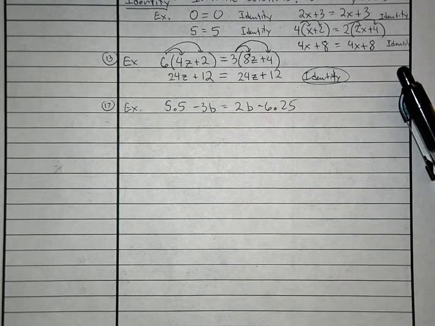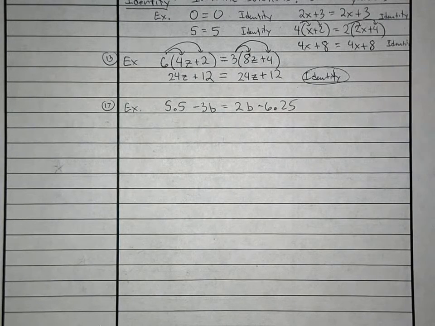Distribute. Can we distribute anything, Miss White? Nope. So then we go to the third thing we should try to do, which is what, Miss Pasquale? How do you say it? Pasquale. Thank you. The variables on the same side as the equal sign. Okay, can we do that? Yeah. Which one would you move?